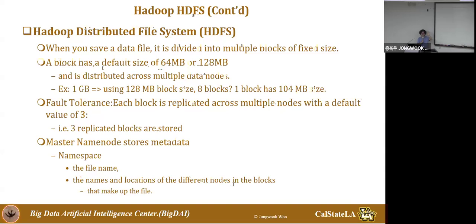So if I have 8 blocks, there are 3 copies for each block. If you have block 1, you have 3 copies of block 1, and the 3 copies should be spread out to different servers to avoid any loss.